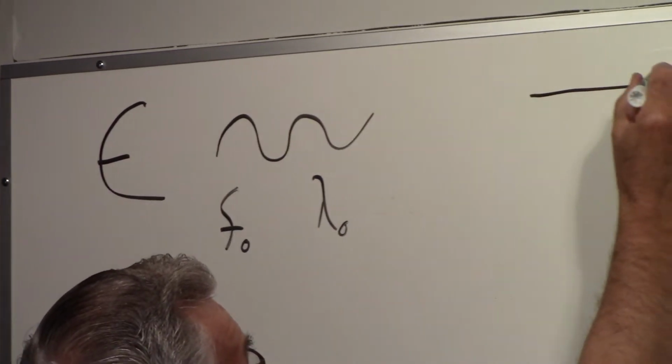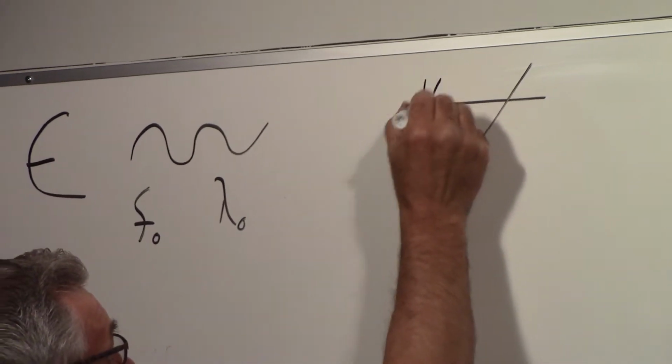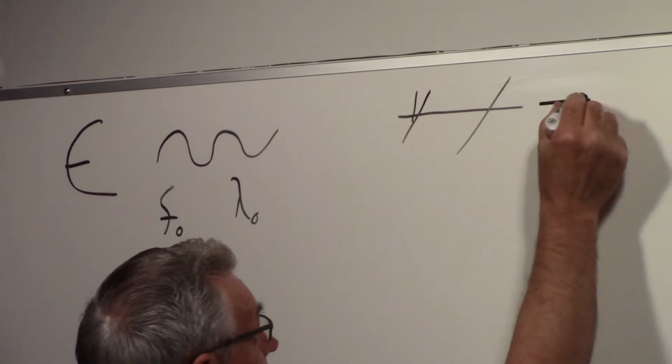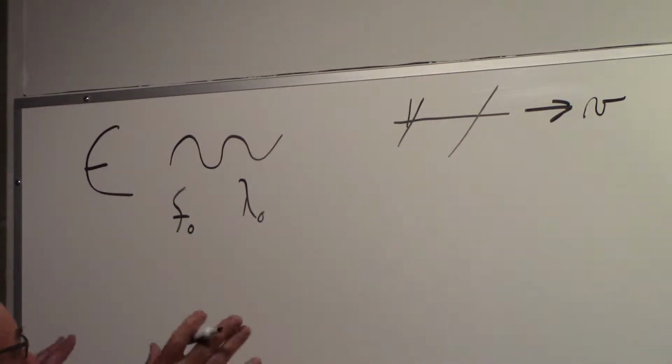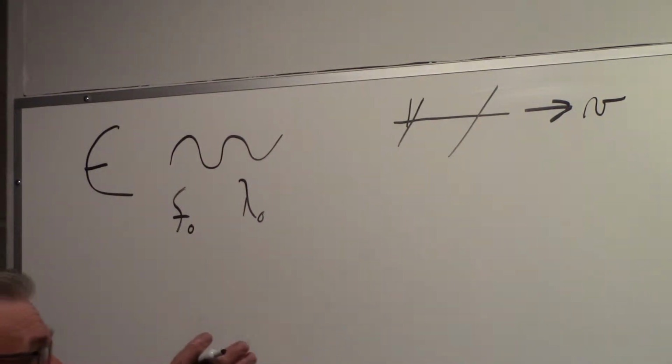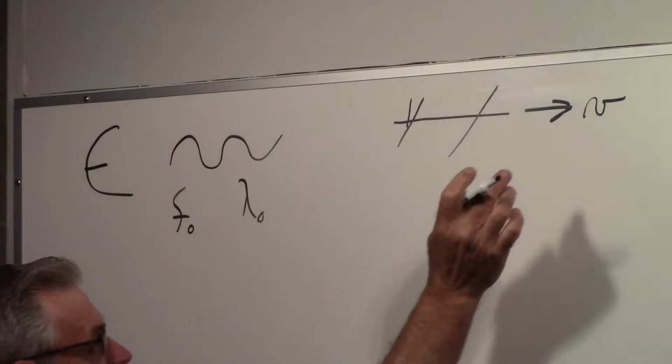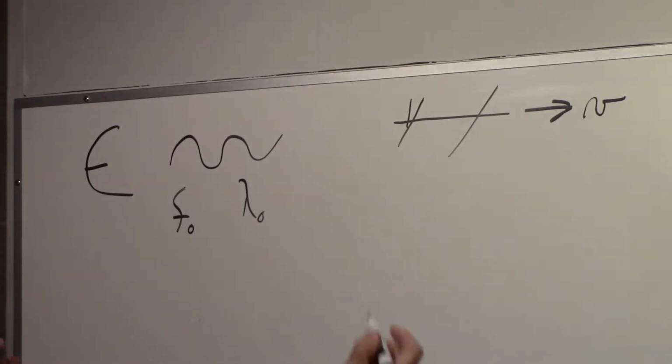Out here is a radar target of some kind, moving with velocity v. When the target is moving along the line of sight of the radar and away from the radar, the velocity is positive. When it's moving back towards the radar, the velocity is negative.